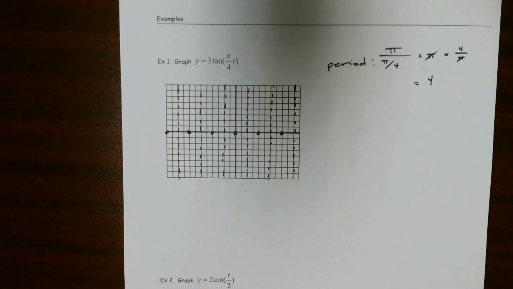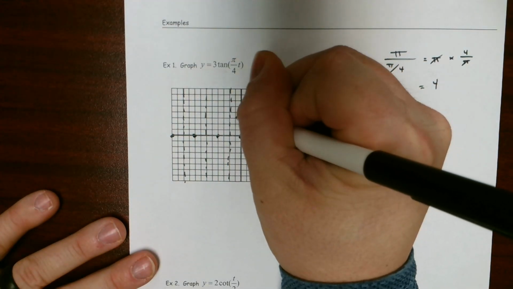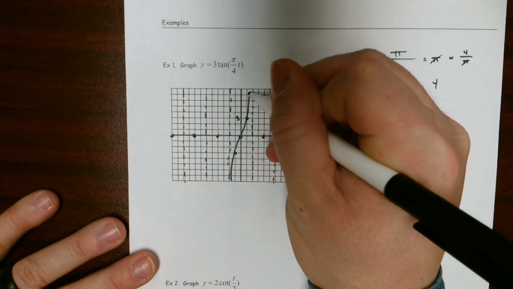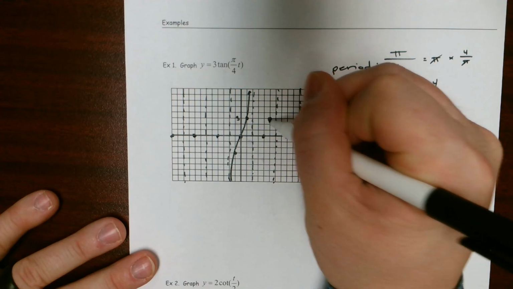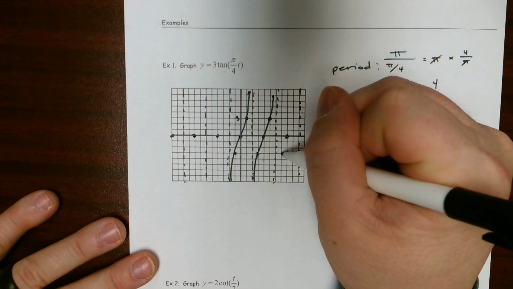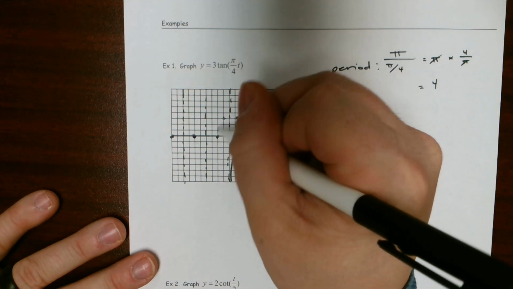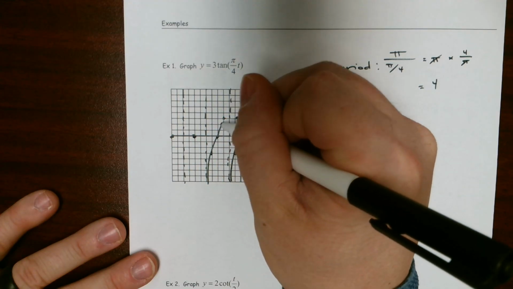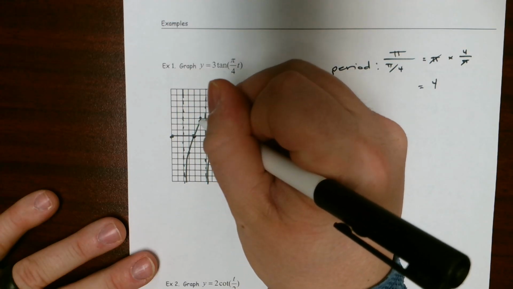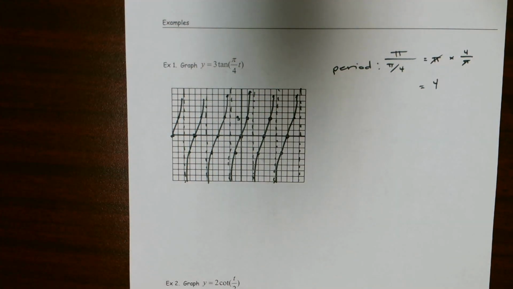So rather than going up 1 and down 1 halfway between the x-intercept and the asymptote, we're going to be going up 3 and down 3. And here's the period of our tangent graph. Draw some more here, make it look good. Just like that. And you're done.